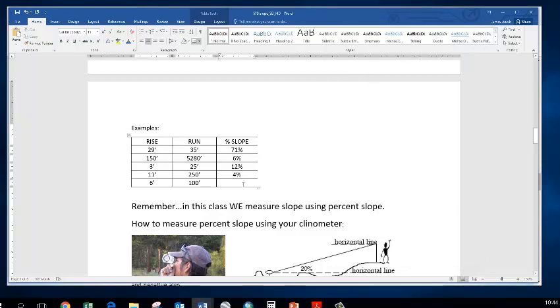And then the last one, I think you can figure out on your own, is going to be 6%. So take a look at that. 150 feet in 1 mile is the same slope as 6 feet in 100 feet. Basically, it's exactly the same slope. For every 100 feet of run, I've got 6 feet of rise.